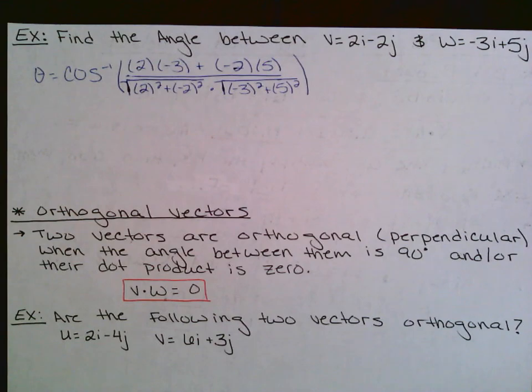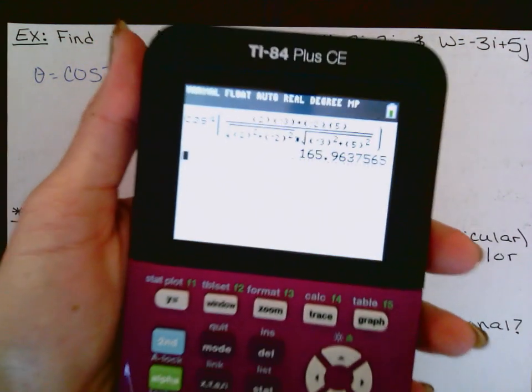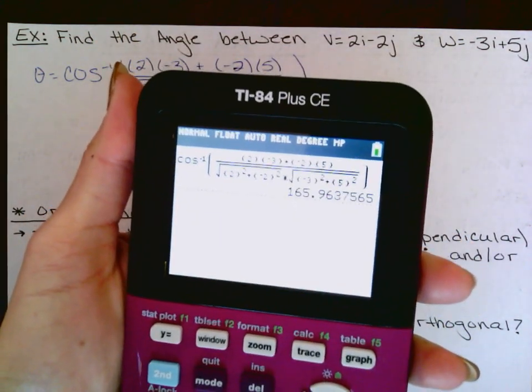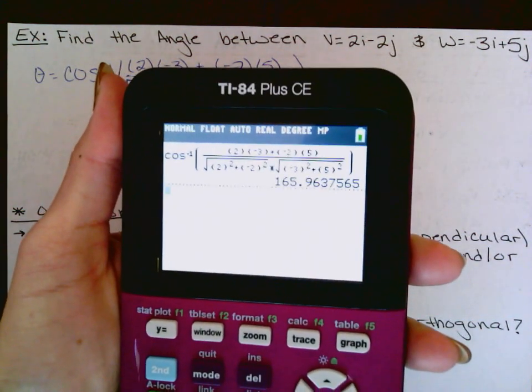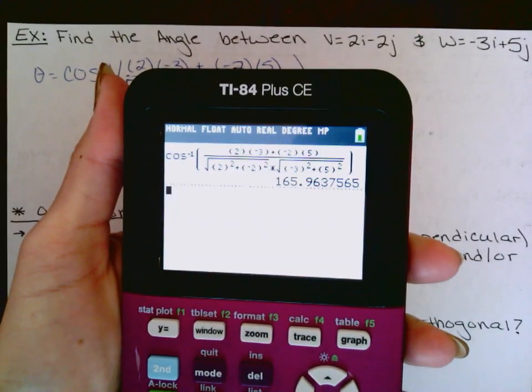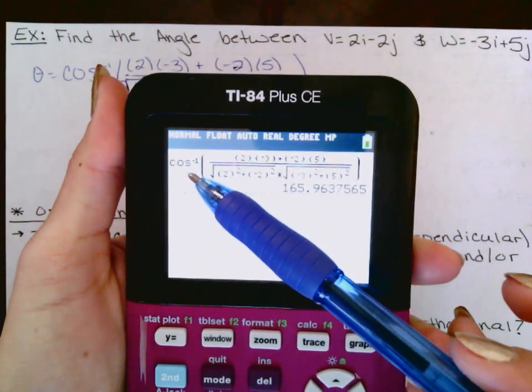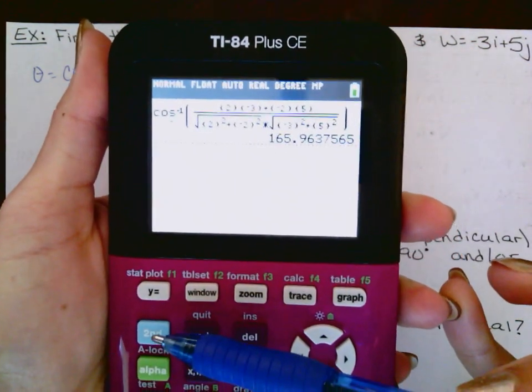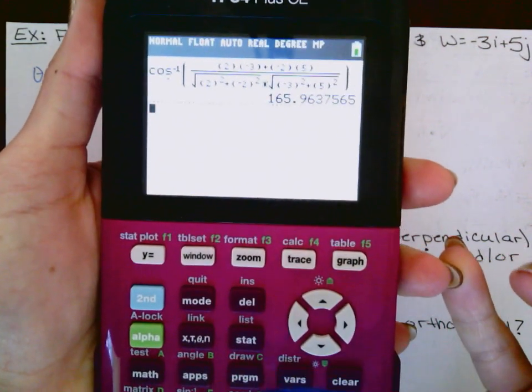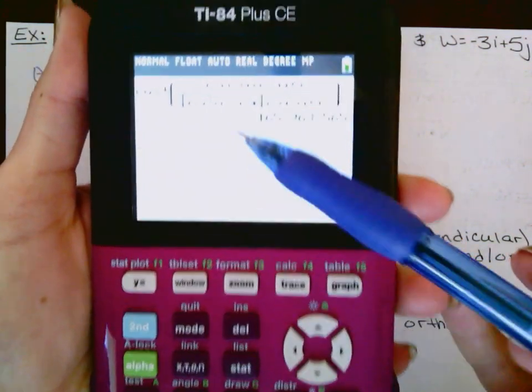All right, so if you put that in your calculator, it should look something like this. All right, so again, remember inverse cosine, you do it by pressing second and then cosine, okay?